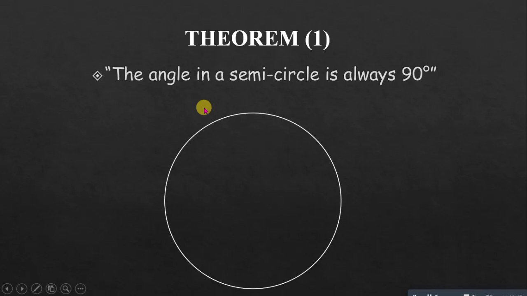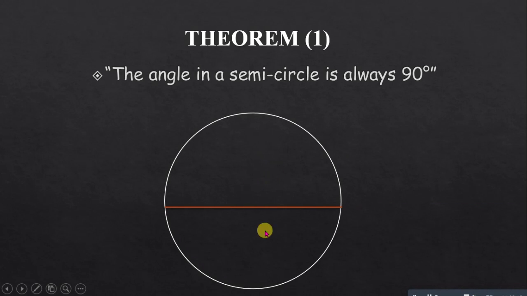If I have a circle and we want to use another property of triangles to help us understand the theorem, the angle in a semicircle is always 90 degrees. Remember, a semicircle is the one that is divided by the diameter. So the diameter divides the circle into two equal semicircles.